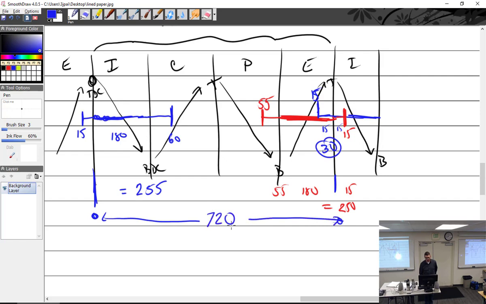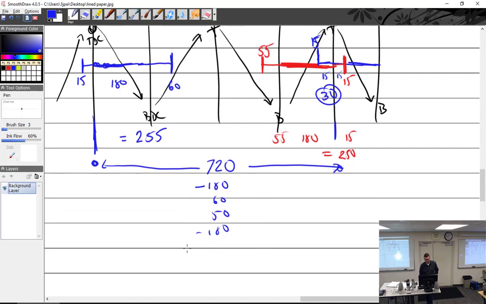Out of 720, we would subtract 180, 60, 55, and 180. Don't just jump in and subtract the two numbers we got. One thing at a time. Does everybody follow?